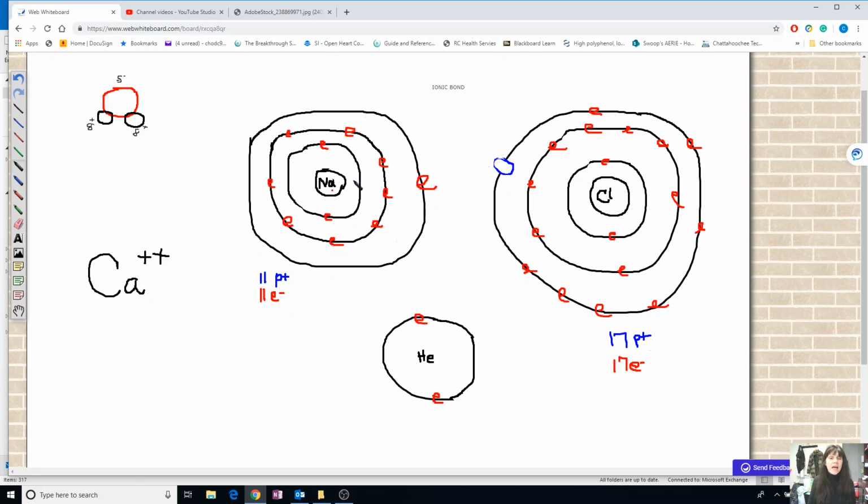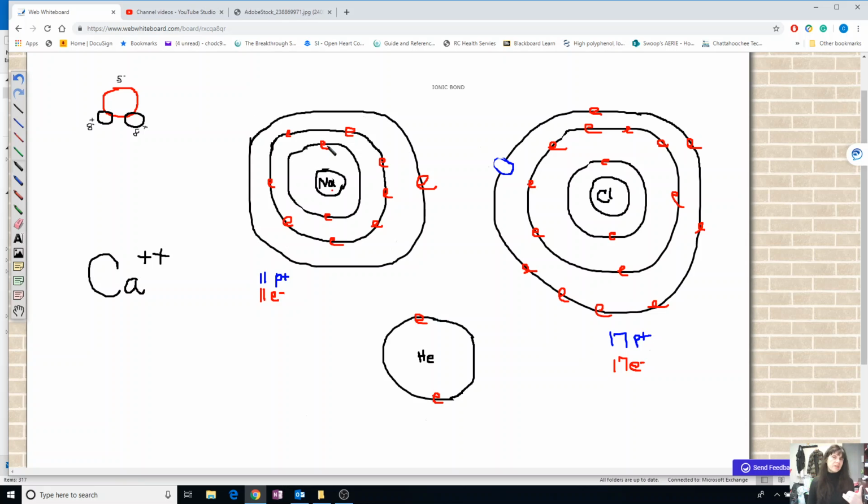When we look at sodium with its positive 11 protons and negative 11 electrons, remembering that electrons are the subatomic particles that orbit the nucleus at different energy levels, and it's a three-dimensional structure, so those electrons are orbiting the nucleus in a three-dimensional, spherical shell.